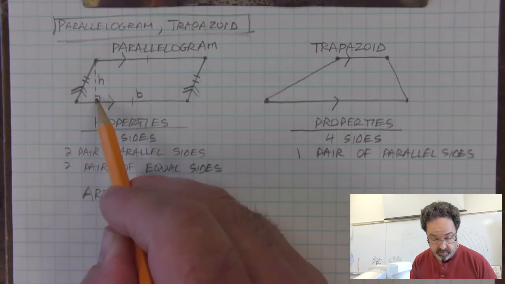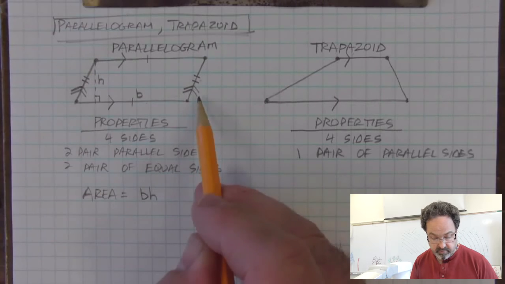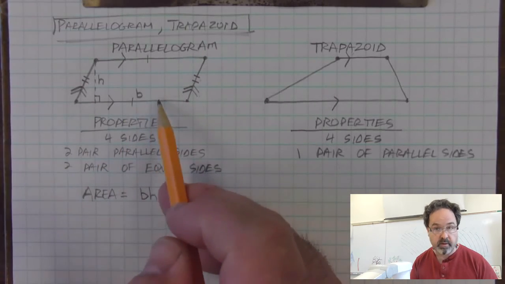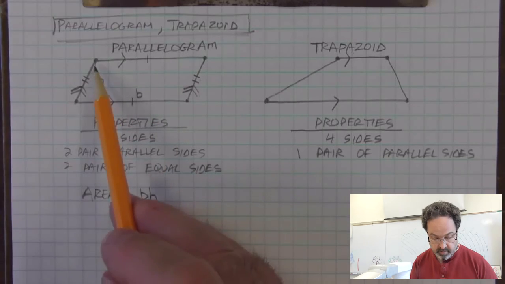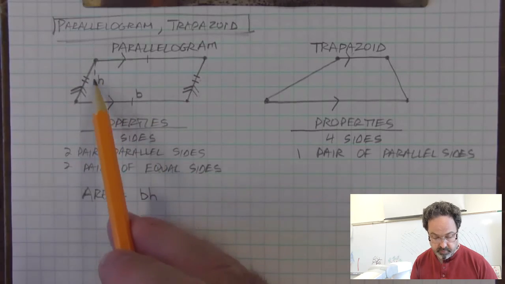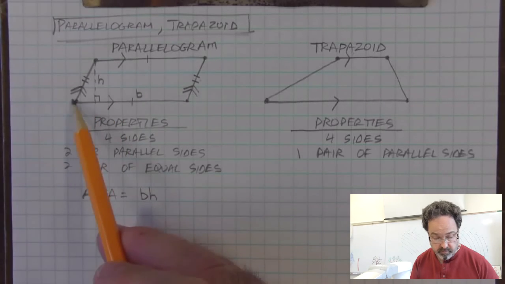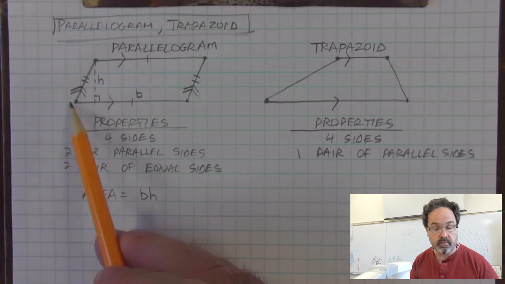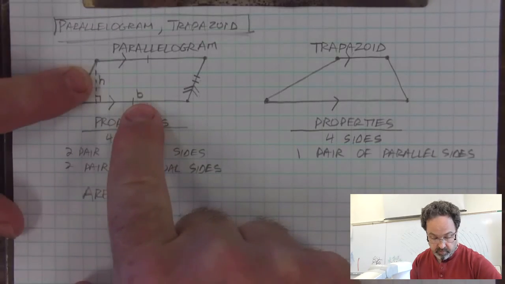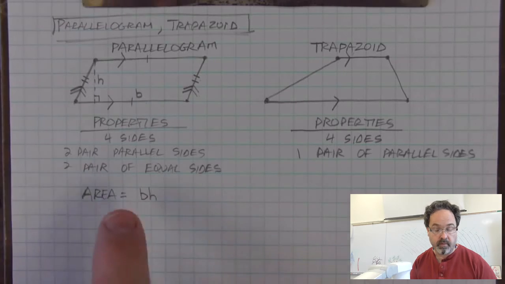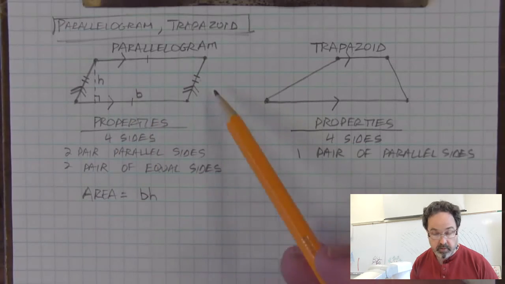That means the dotted line and the base are perpendicular. And the height is the measure of that line that's perpendicular to the base. Notice that the height in a parallelogram is not the same thing as the measure of its other side. But if we find the measures for the height and the base, we can put them into this formula, multiply them, and find the area of the parallelogram.